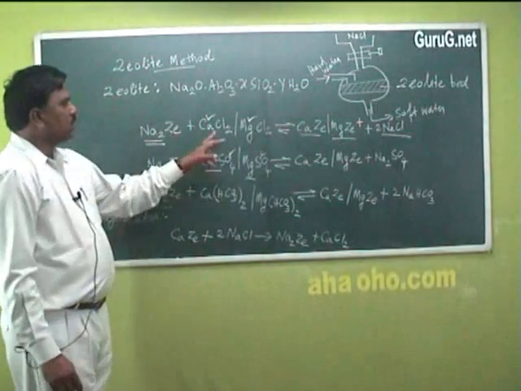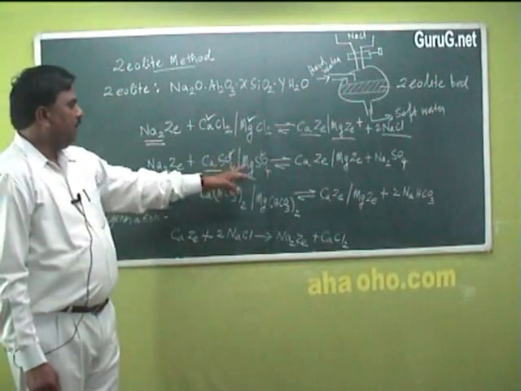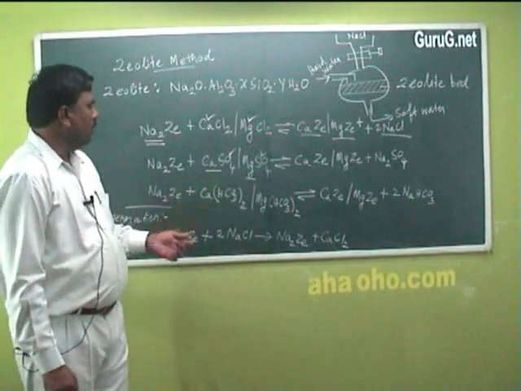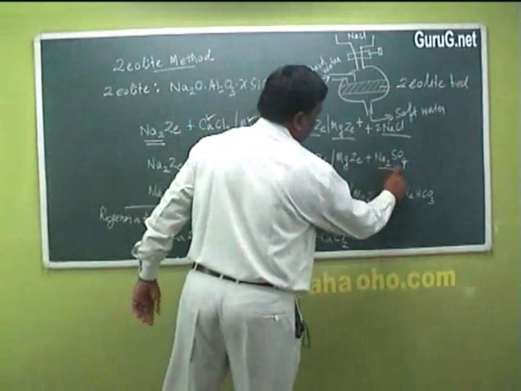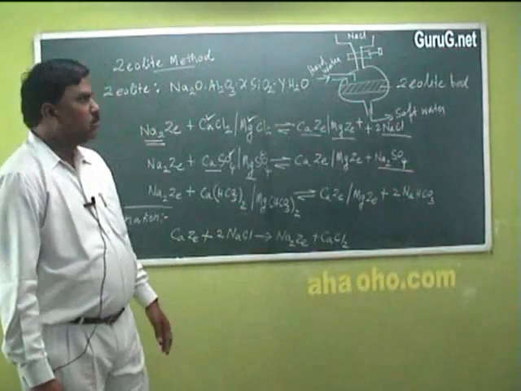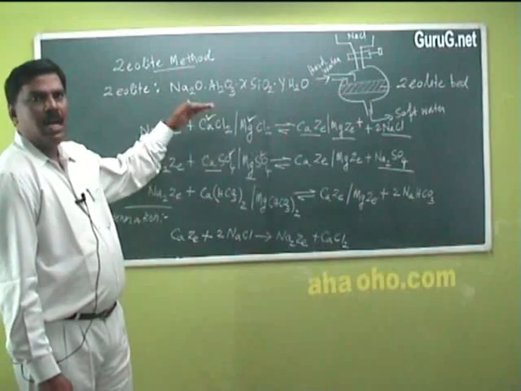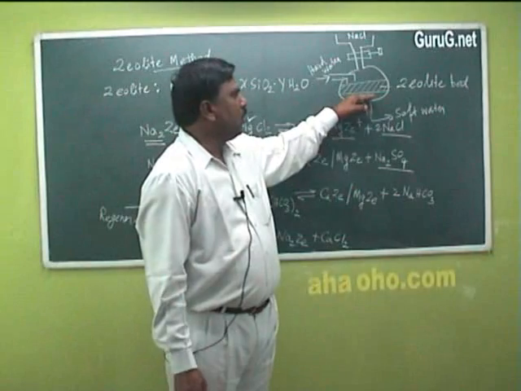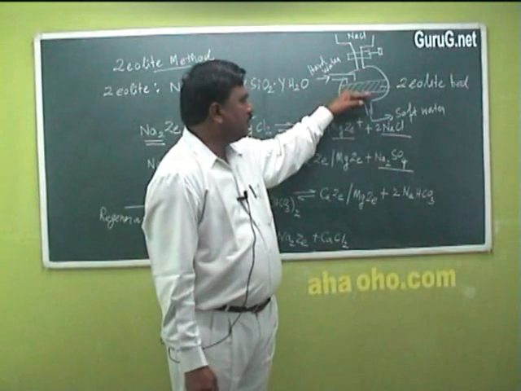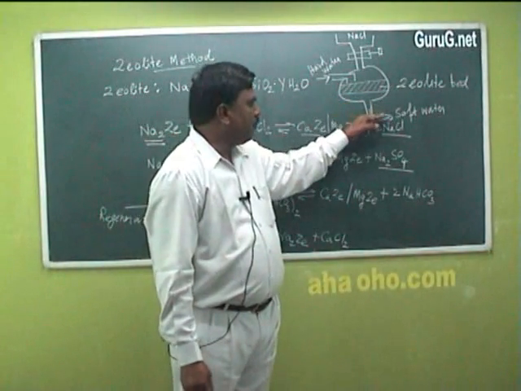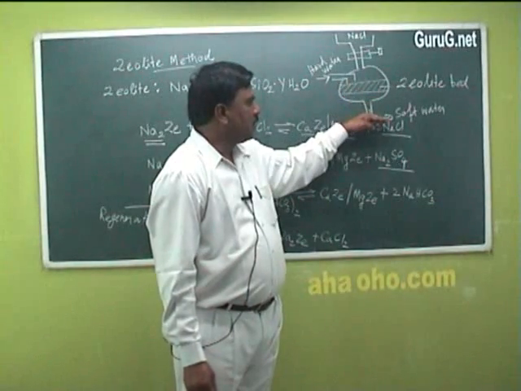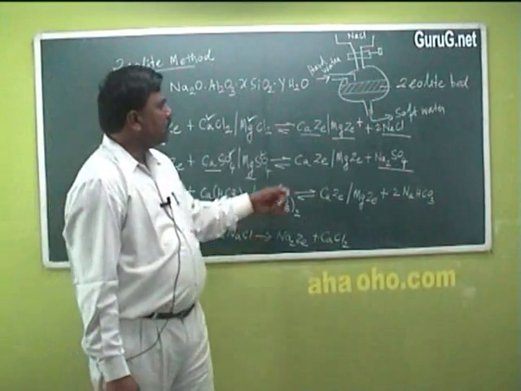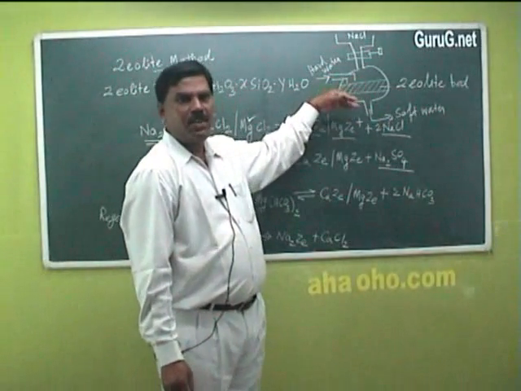Here it is chlorides, here it is sulfates, with the same reaction: the sodium is replaced with calcium and magnesium, giving sodium sulfate. So water containing chlorides and sulfates of calcium and magnesium is absorbed in the zeolite bed, and the water coming out of this apparatus is without any calcium and magnesium ions.